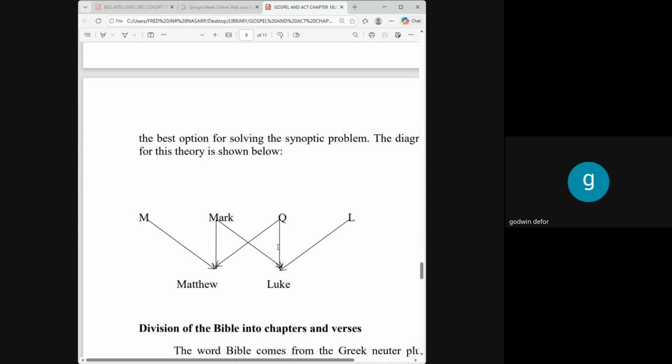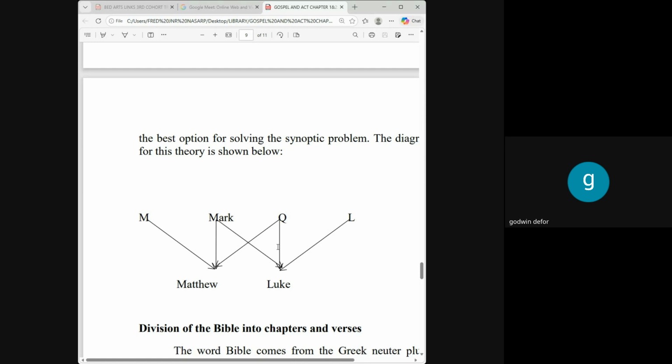So Matthew had this peculiar source for himself, and he used it to add to what he copied from Mark and what he copied from Q. He got another source that he copied from, peculiar to him, plus what he himself used. So that source that Matthew used is tagged as the M source.